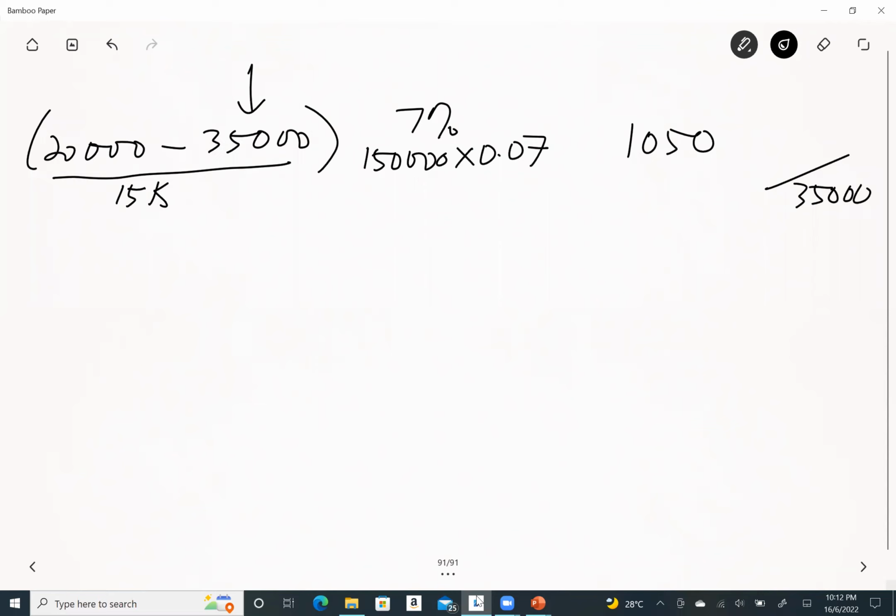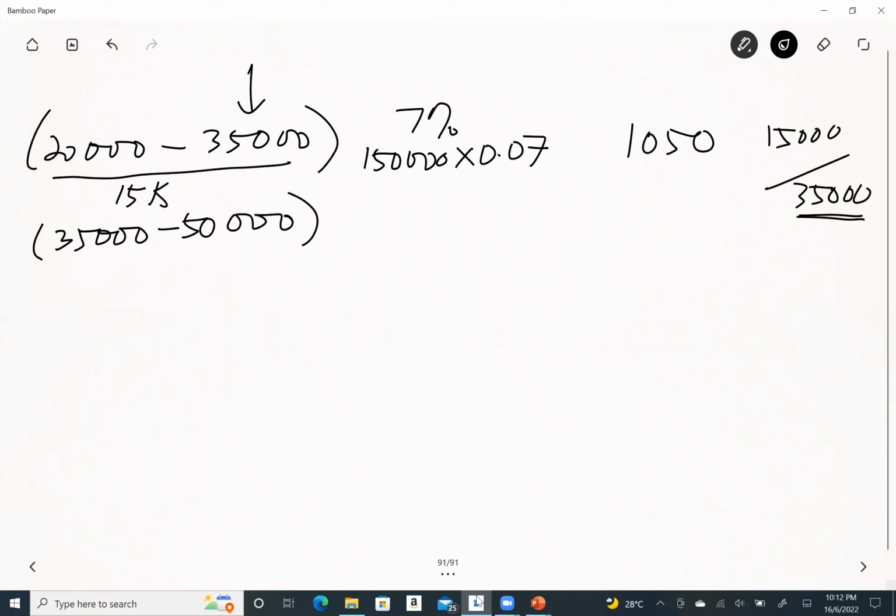Now the sum is 35,000. So you still have some income to pay tax on because our income is 40,500. So the next bracket would be what? 35,000 to 50,000.